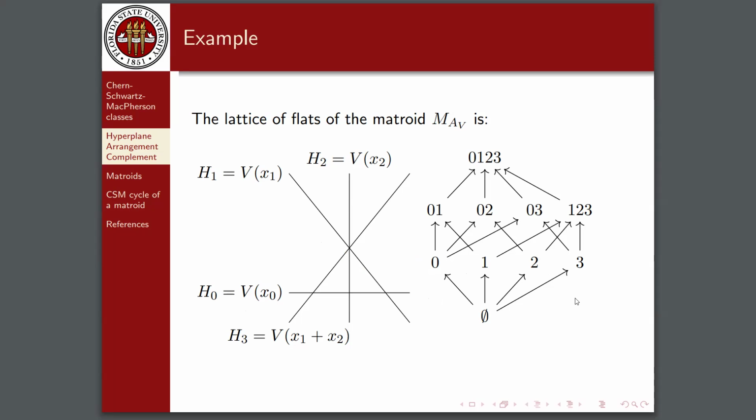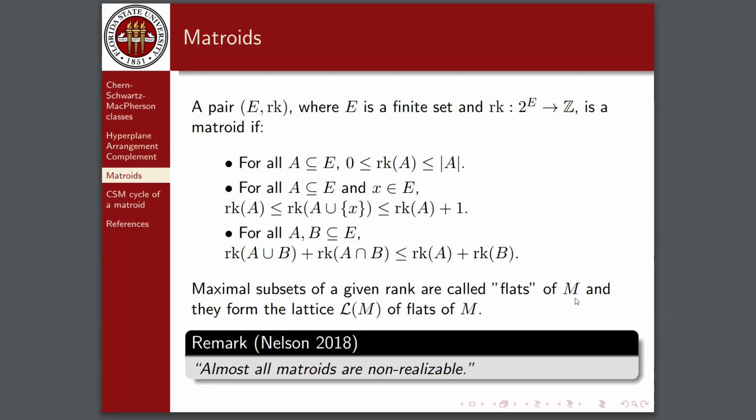So, in general, if you give me a finite set on which you've defined a rank function, and your rank function satisfies these three axioms, which I won't go into detail, then you can define similarly a lattice of flats.